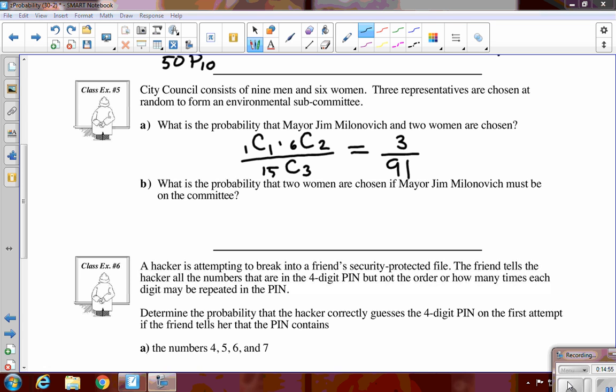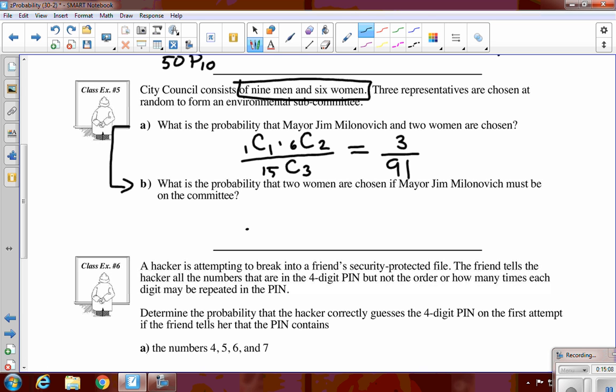Let's go here. So this last one is a little different. It's kind of worded weird, but we'll talk about it. Now, Jim has to be on the committee. So we're not even looking at him as part of this original chunk of people. So our total, if he's already on it, how many people are we choosing from? 14, and I need to choose 2 because Jim is already there. We're not even considering him. Jim's already there.